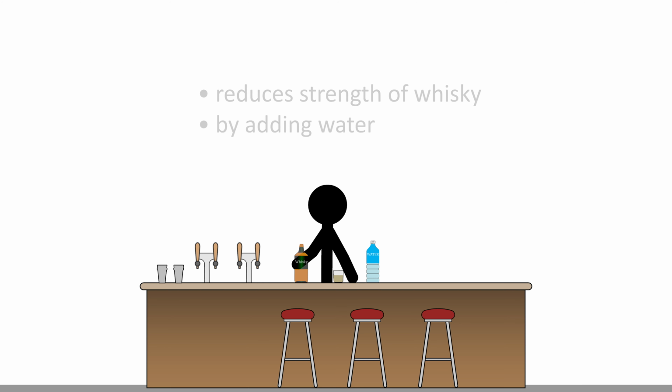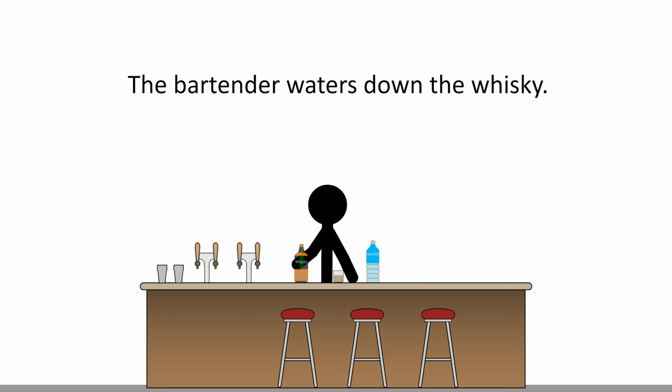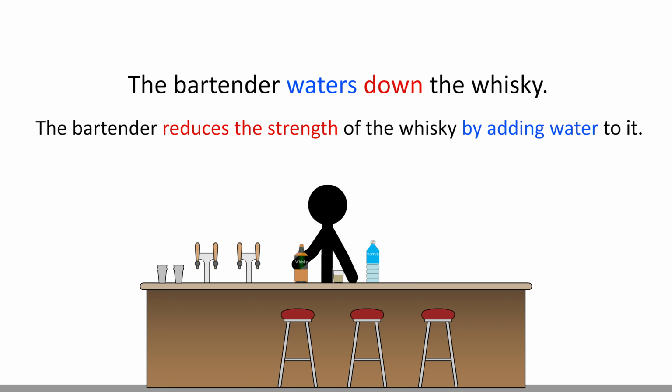So we can say, the bartender waters down the whiskey. Waters means add water, and down means reduce, or reduce the strength. So the sentence can be understood as, the bartender adds water, reduces strength, the whiskey. Or in other words, the bartender reduces the strength of the whiskey by adding water to it.